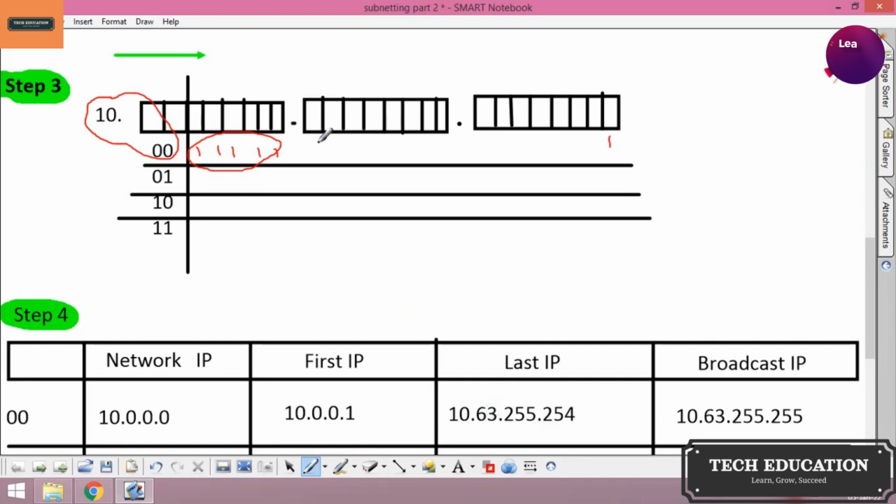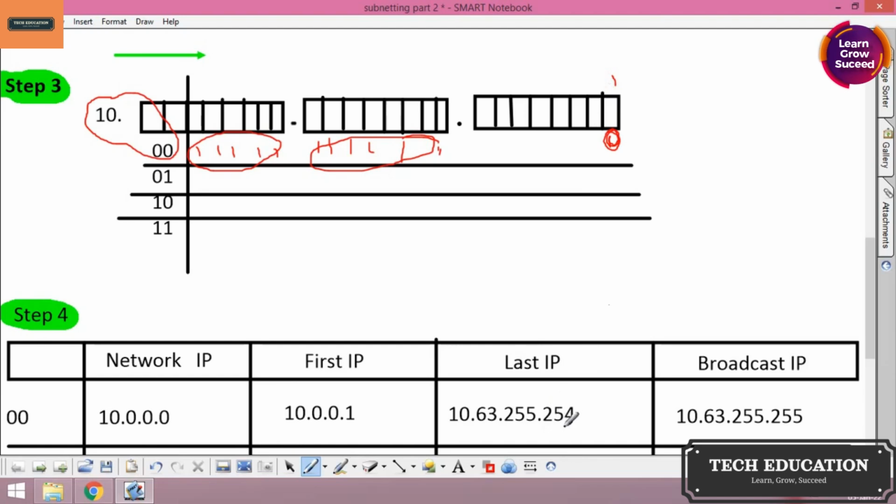And on this side all host portions apply 1, which totals 255. What is the formula for the last IP? Don't disturb the network portion, apply 1 to all host bits except the last bit, which is 0. Except the last bit 0 means minus 1 from 255.